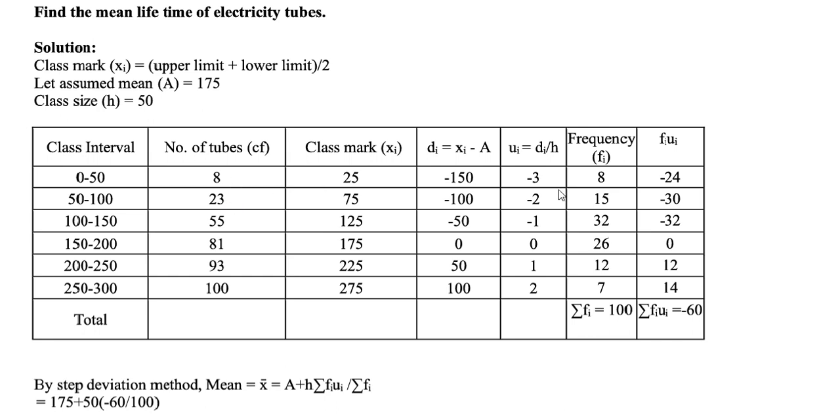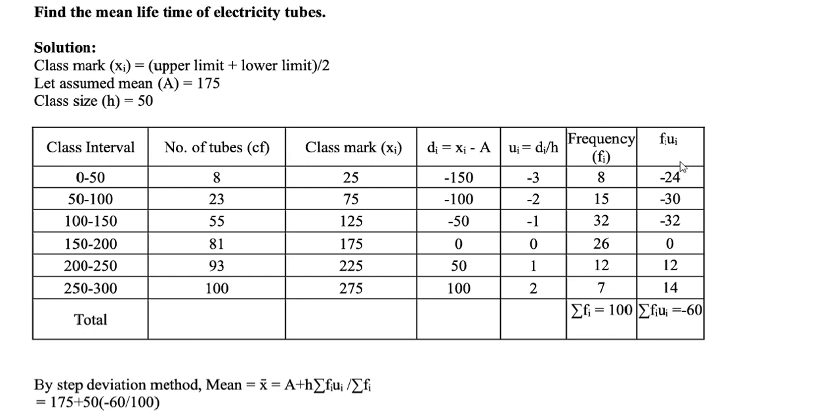So 23 minus 8 comes to 15. Next is 55 minus 23, which comes to 32. Just like this, we make the frequency, and the total will be 100.